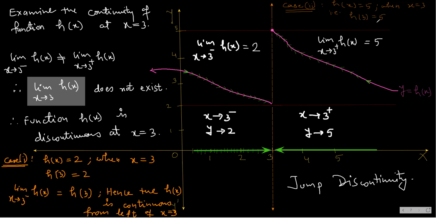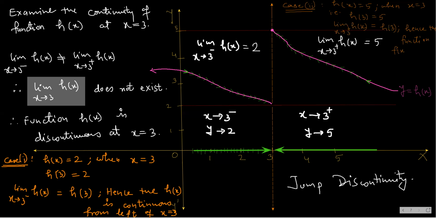In that case what would you see? You will see that limit h of x when x tends to 3 from the right is equal to h of 3. So what would you write? Hence the function h of x is continuous.